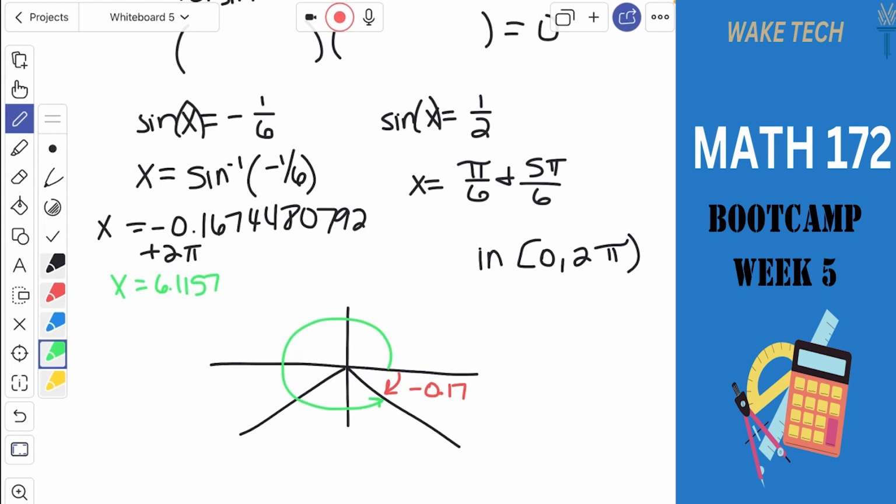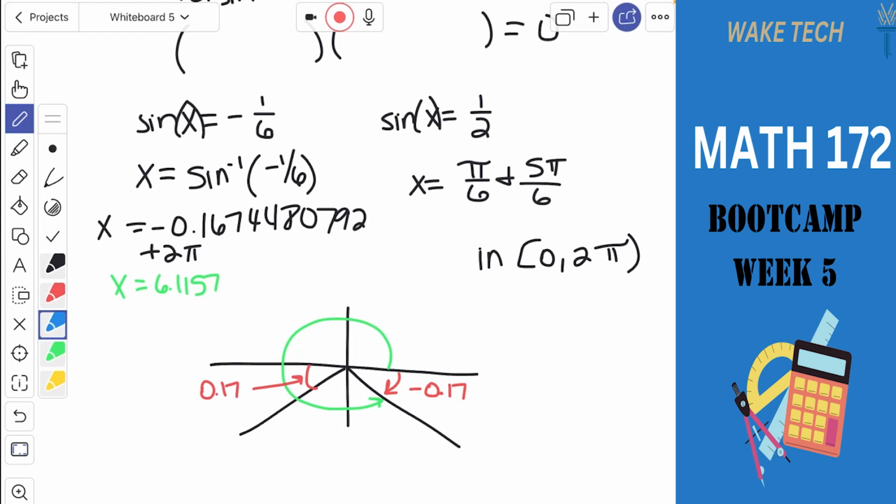So don't forget, we need two answers here, because you told me the sign is negative in quadrant 3 and in 4. So we also need an answer in quadrant 3. What's interesting about the two is that their reference angles are exactly the same. So the reference angle here is 0.17 radians.